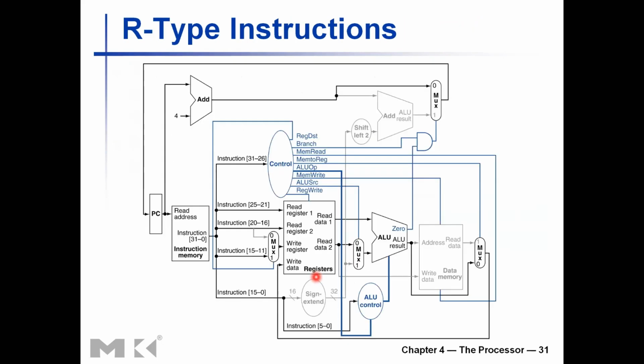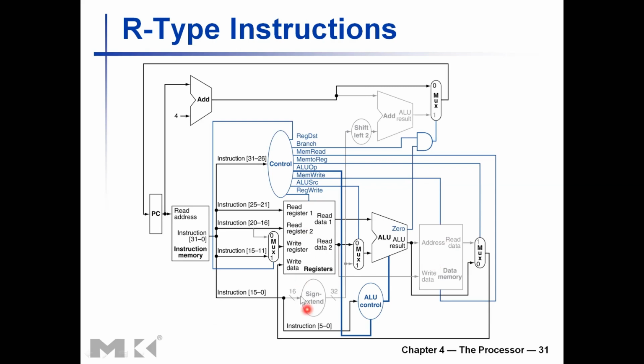So this is the R-type instruction, the data path elements used by the R-type instruction. You can see that some elements are faded out in a lighter gray color, which are not used by R-type instructions. Some data path elements like the memory are not used by the R-type instruction.